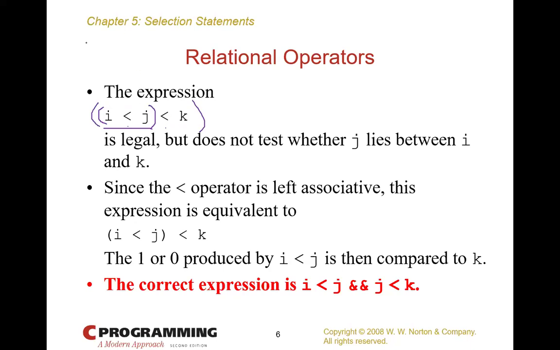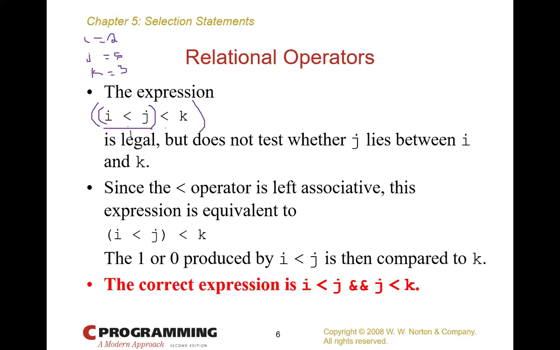Let's do something. Let's say I is equal to 2. Let's say j is equal to 5. Let's say k is equal to 3. So let's test. Is I less than j? That is true.